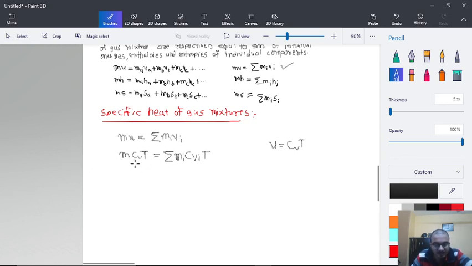T can be eliminated because the temperature is the same here, so m Cv = sigma Mi Cvi.